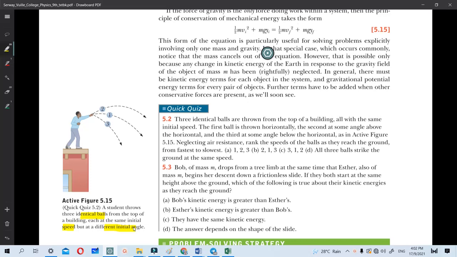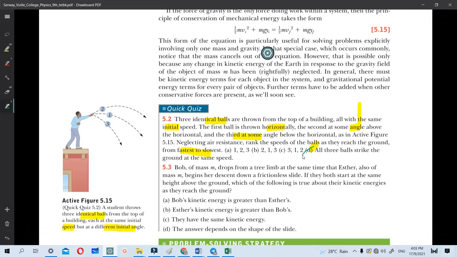From the topic of conservation of energy, when these 3 identical balls have the same initial speed and same height, one thrown horizontally, second at an angle above horizontal, and one below, and they ask you to rank the speed from fastest to slowest, you will find that all will strike with the same speed.